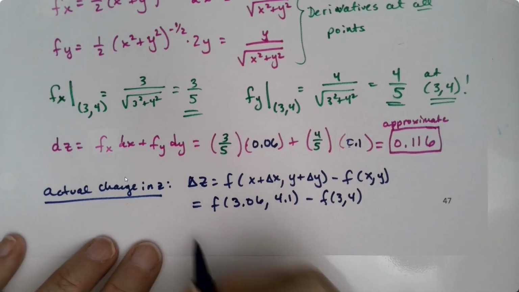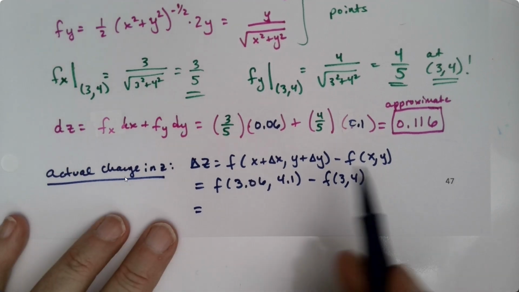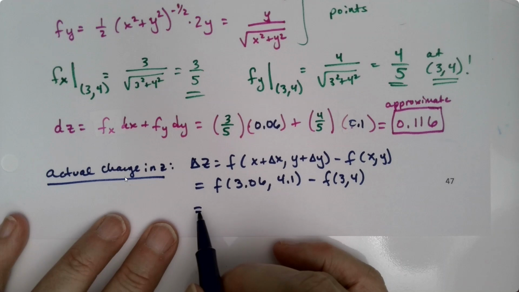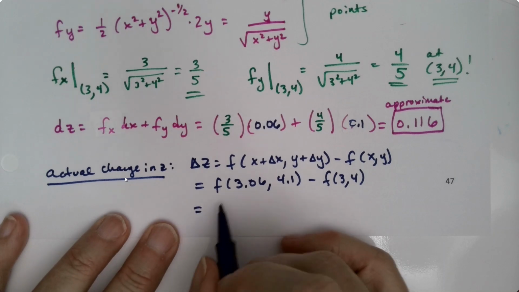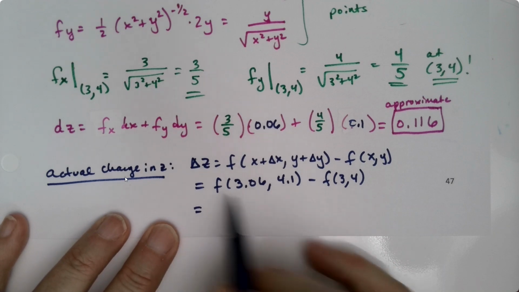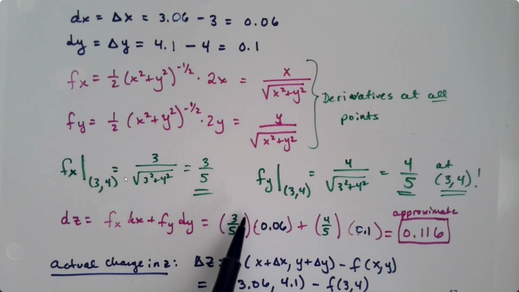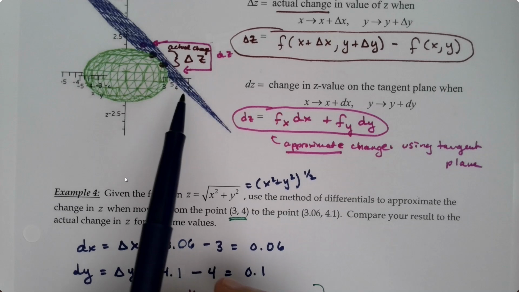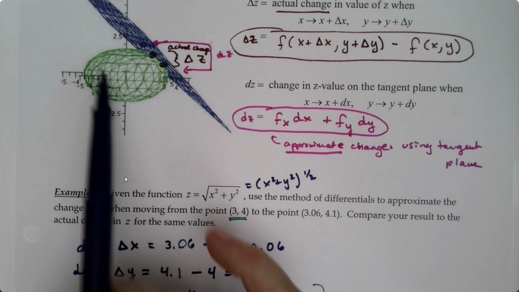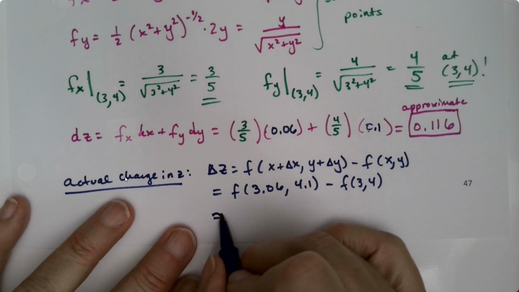And of course, if you're wondering, well, if we can do this, then why didn't we do this from the start? You're learning a technique that allows us to basically get away without having to do difficult problems. So sometimes the z is just really hard to work with. And we can come up with a tangent plane, and that's easy to work with. So a lot of times it's easier to work with the plane because planes are so simple than it is to work with this really complicated curve. And if all we need is a few decimal places of accuracy, then we're good.